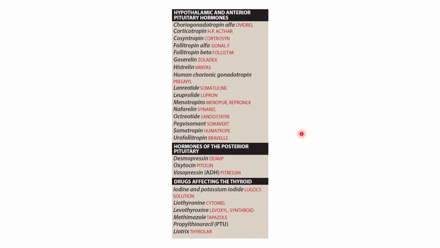This includes a list of drugs, and most commonly used are corticotropin, then also human chorionic gonadotropin that is used for infertility treatment, and also somatotropin for the treatment of growth deficiency.